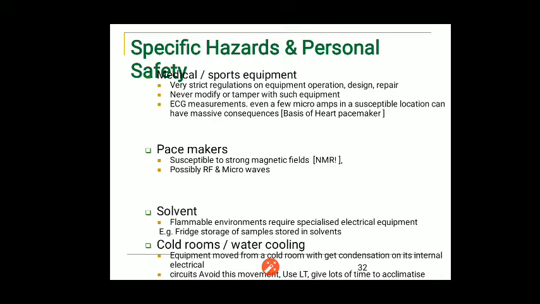Give plenty of time to acclimatize, with proper installation and a proper time period provided, and then we can use the device and equipment, as well as the cold rooms and water cooling.